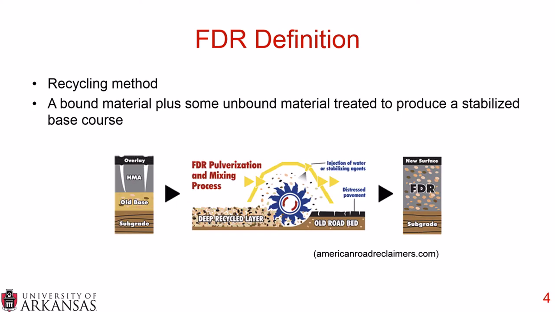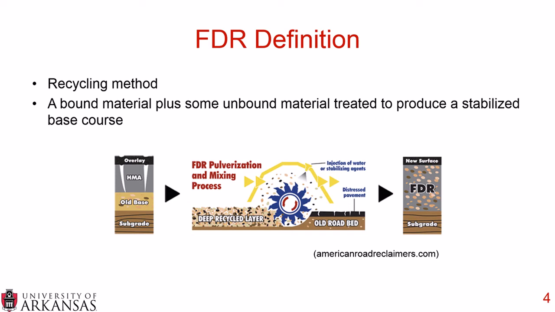The definition of FDR is that it is a recycling method. You take an existing pavement structure. On the left you see an overlay on top of a deteriorated hot mix asphalt surface, and there's some old base underneath those two layers and then some subgrade. You pulverize and mix the bound material, which is the overlay and the HMA in the image, and you also have some unbound material, which is the old base and can even be the subgrade.